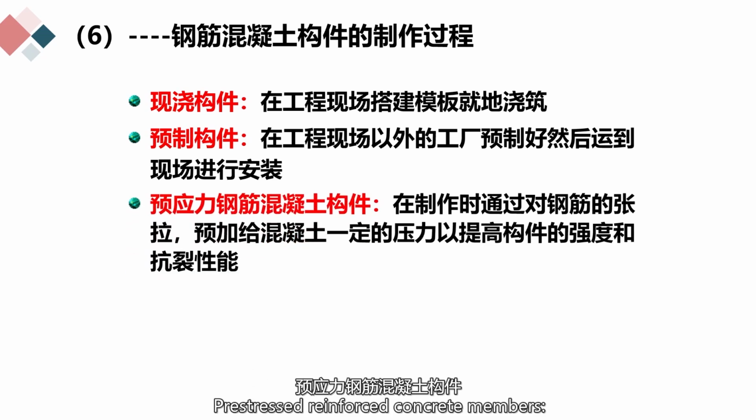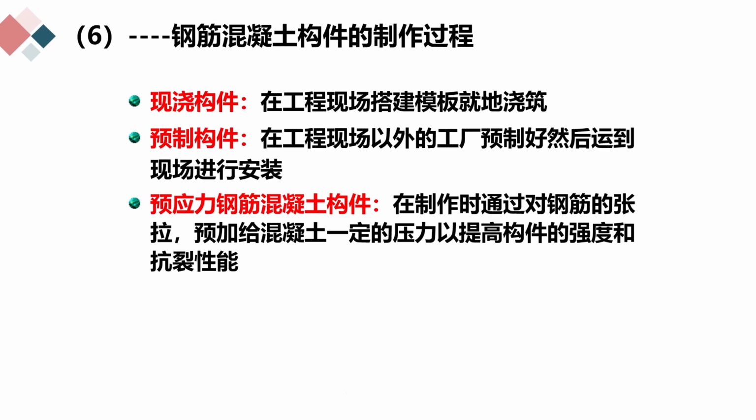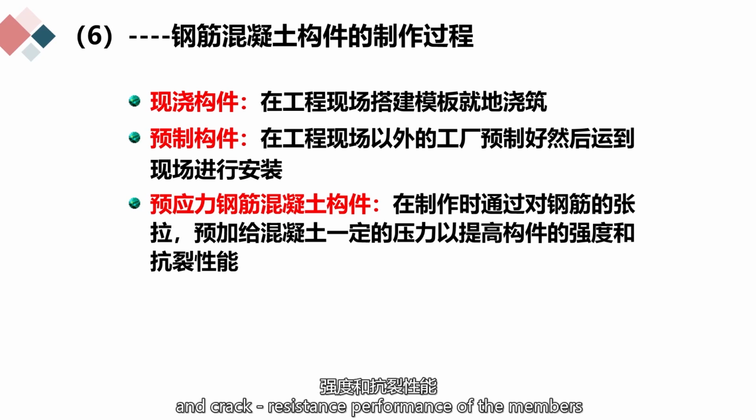Pre-stressed reinforced concrete members, during the manufacturing process, have the steel bars tensioned so that a certain amount of pressure is pre-applied to the concrete, in order to improve the strength and crack resistance performance of the members.